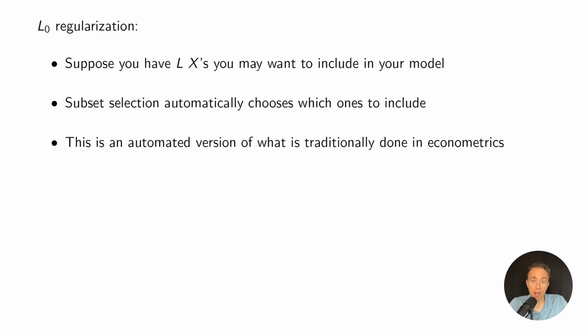So this is some automated version of what we typically do in econometrics. We typically just say, okay, these are the covariates in my data set. I'm going to just include some subset of them in my final regression model, and these are the results.